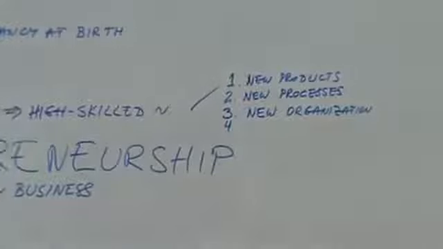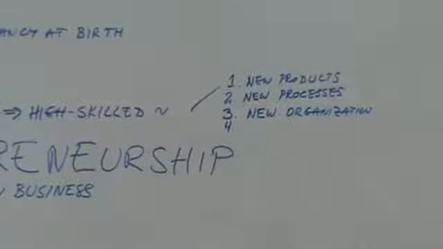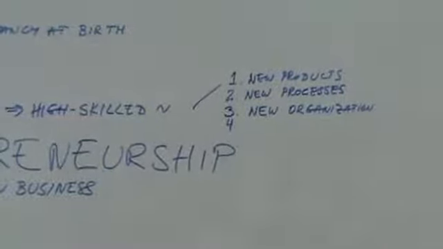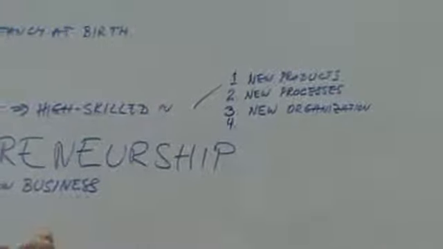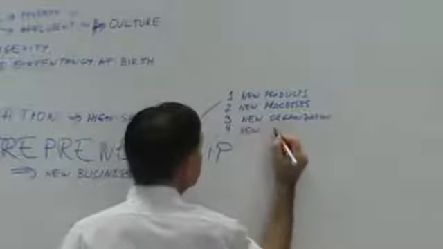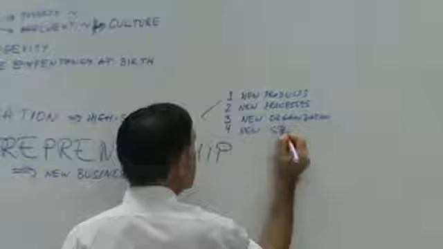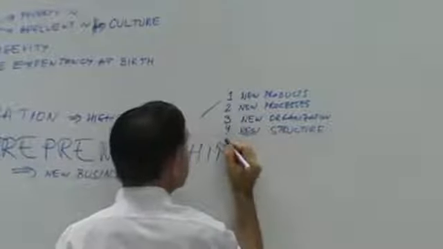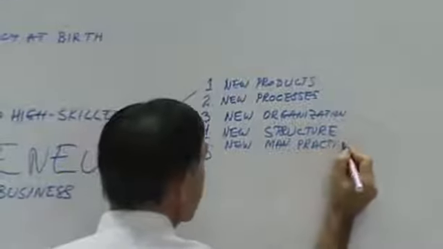So an example of an innovation will be McDonald's. You don't really have a new product, but you somehow have a new business process, a new business structure, a new business organization, and here, new management practices.